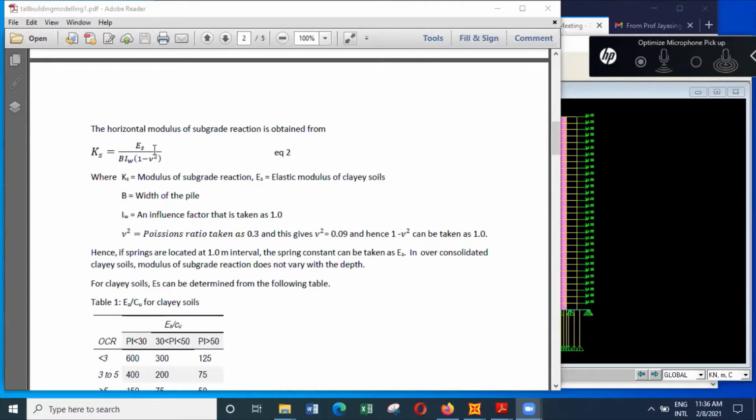Because the diameter of the pile is 1 meter, the Ks value is equal to Es, and that is 1687. So if you have clay soils, for each clay layer of different properties, you can find a value for the spring constant, the horizontal spring constant.